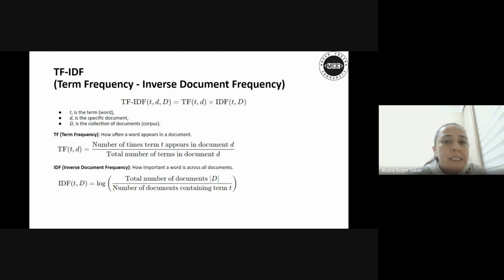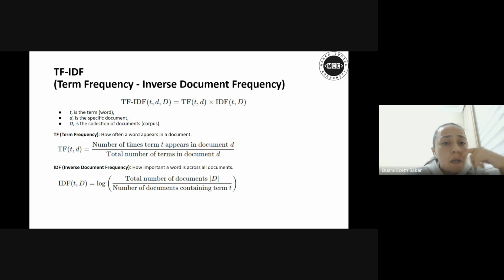Term frequency is simply the number of times a word appears in a document divided by the total number of words in that document. So it gives us an idea of how often a word is used in the document, but it doesn't necessarily mean the word is important. On the other hand, inverse document frequency measures how unique or rare a word is across all the documents in the corpus.